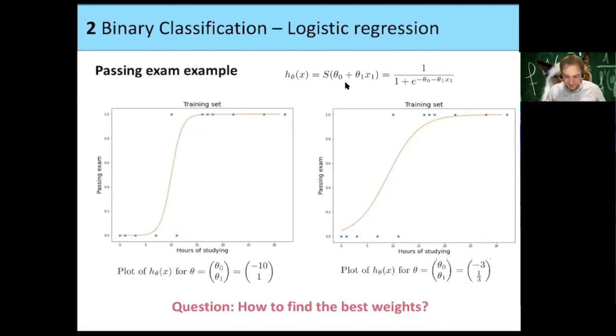I also did the d equals 1 case here. So again, this is the d equals 1 case for our hypothesis, and for example, in our training set with these hours of studying and passing the exam. If you choose minus 10 and 1 for these numbers here, then you get this line here. And for example, minus 3 and 1/3, you get this line here.